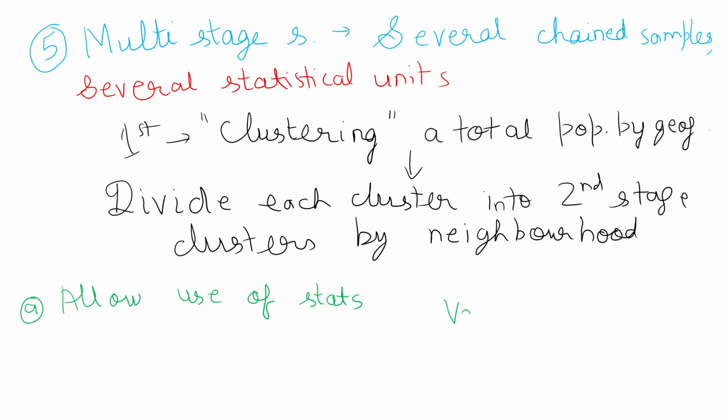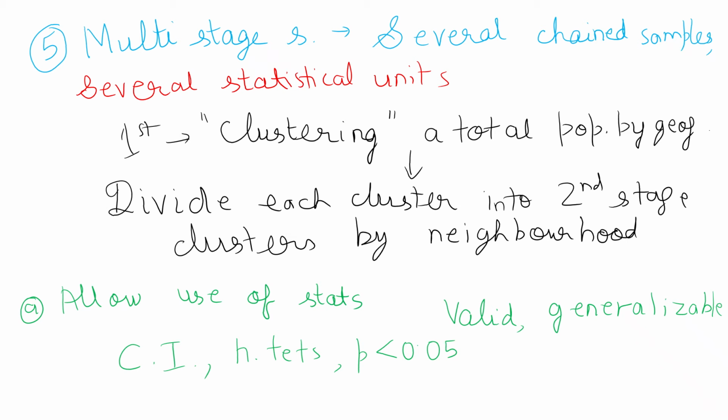This allows researchers to make valid, generalizable inferences about the entire population, because the sample is representative. Statistical inferences are confidence intervals, hypothesis tests, null hypothesis, alternative hypothesis, and p-values. If the p-value is less than 0.05, we accept the alternate hypothesis; if more, we reject it. You know all of this, right?